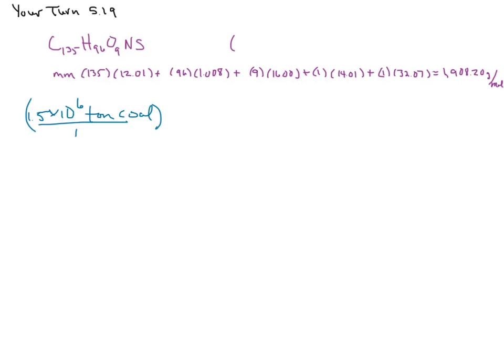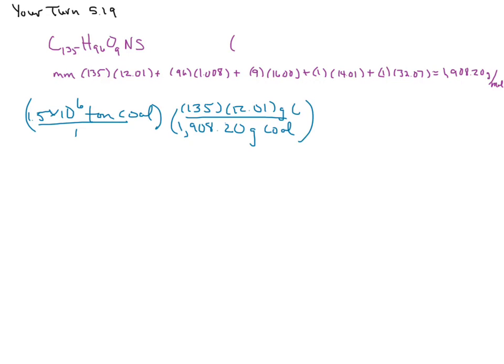If we know the breakdown of coal is this formula, 135 carbons, 96 hydrogens, 9 oxygens, 1 nitrogen, 1 sulfur, and that's very approximate, right, we could come up with a molar mass, it's pretty high, of 1,908.2 grams per mole.